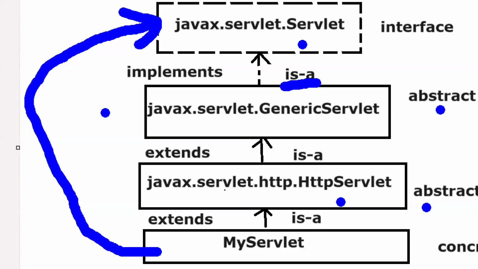The first one or two examples are only for understanding Java web application, so you just have to observe. They are not real-time scenarios. Real-time scenarios like registration and login, we'll do later. Directly doing a real-time example we don't do.